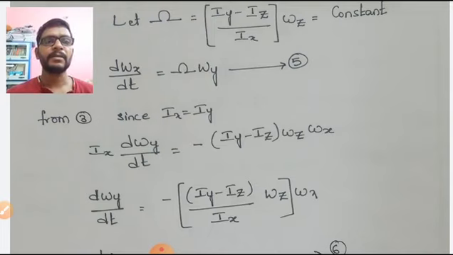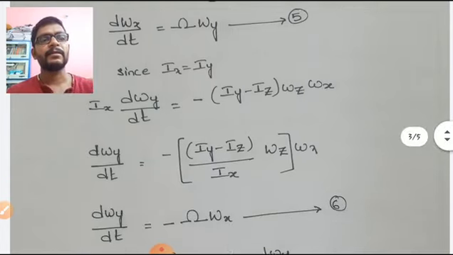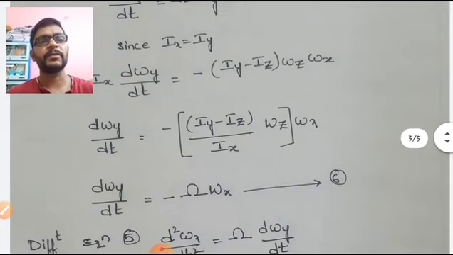Ix d omega y by dt is equal to minus, here also instead of Ix I am taking Iy, omega z omega x. From this equation we again substitute the capital omega value, and we get equation 6.